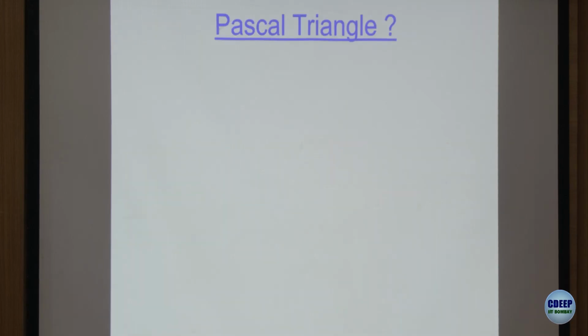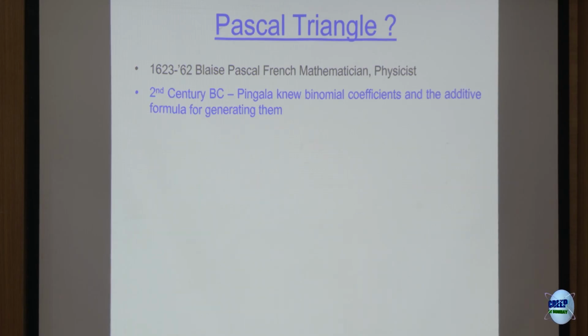But even though he wrote it in 1623 or so, our own mathematician Pingala wrote about it in the 2nd century BC. Around 505 AD, Varahamihira wrote about it. Same formula for binomial coefficients and so on.